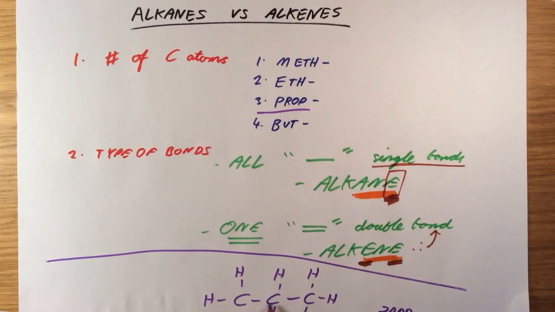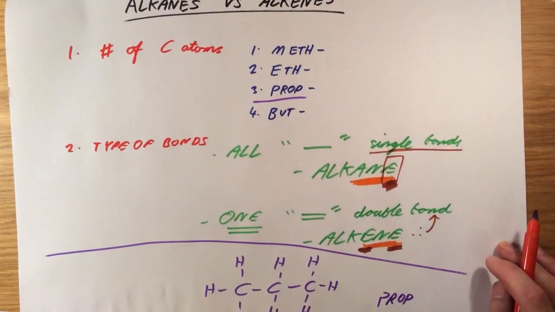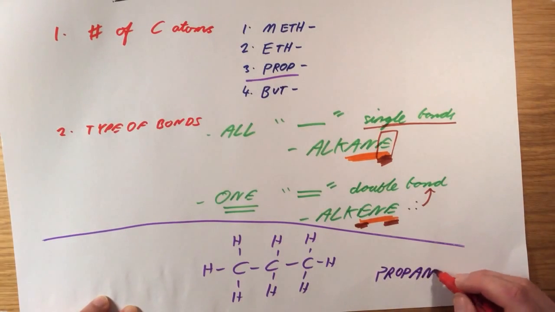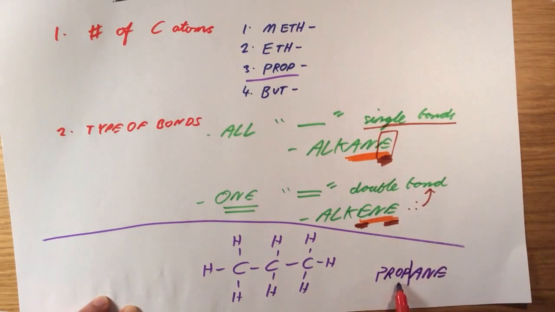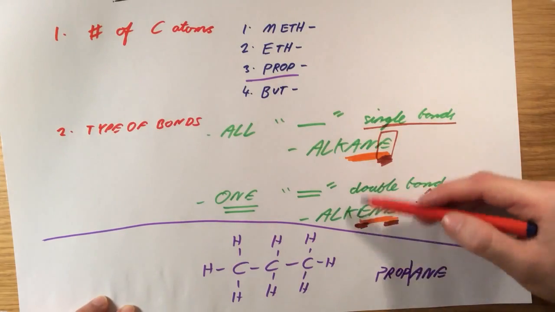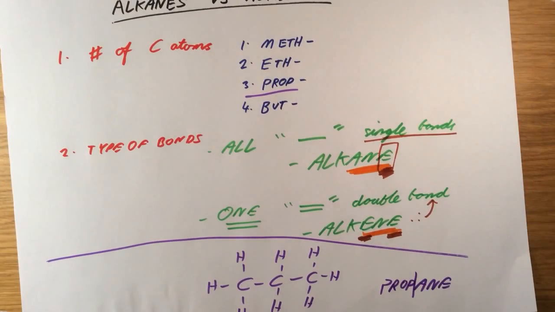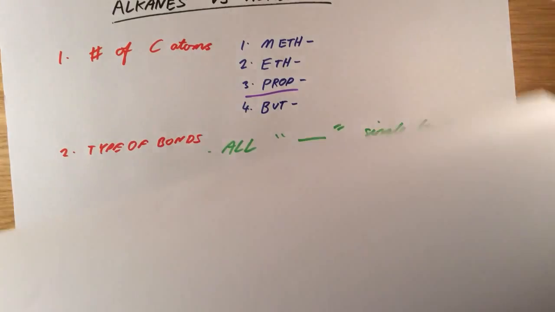I've only got single bonds between the carbon atoms, therefore it's going to be propane. So this first part comes from the number of carbon atoms, second part comes from whether it's an alkane or an alkene. When it comes to drawing these, I'll go through an example of an alkene as well.